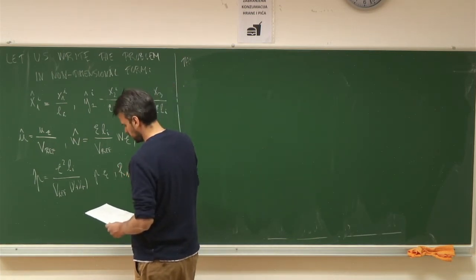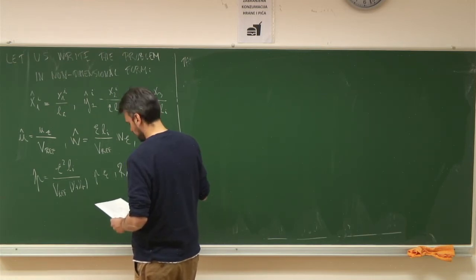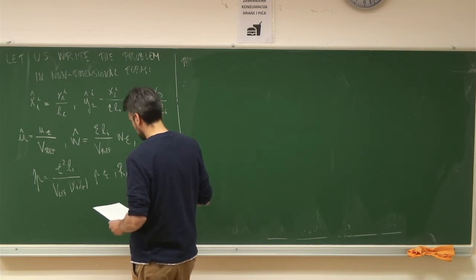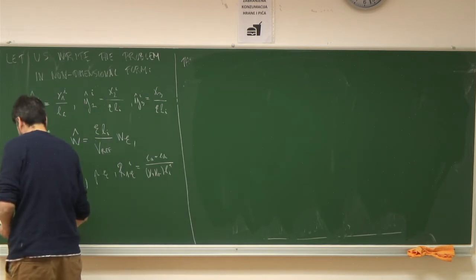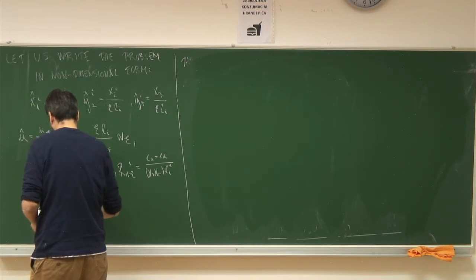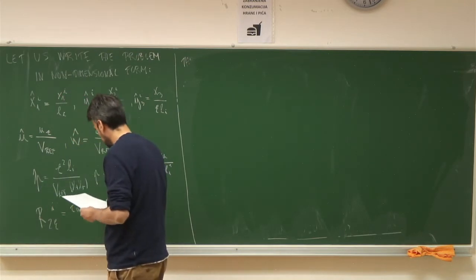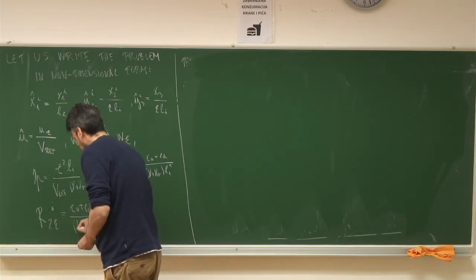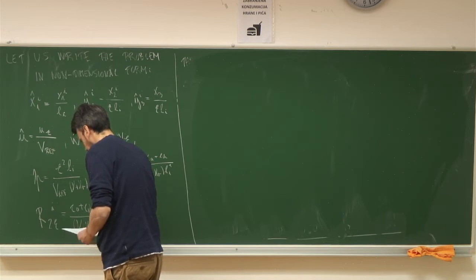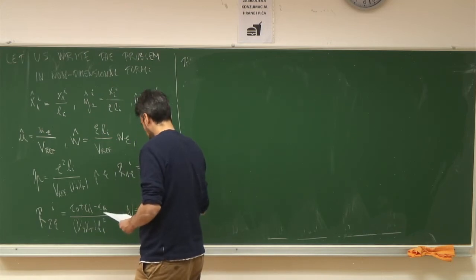So R1 epsilon i is (c_a plus c_d) over (nu_i plus nu_r) times L_i squared, R2 epsilon i is (c_0 plus c_d minus c_a) over (nu_i plus nu_r) times L_i squared, and N is nu_i over (nu_i plus nu_r).